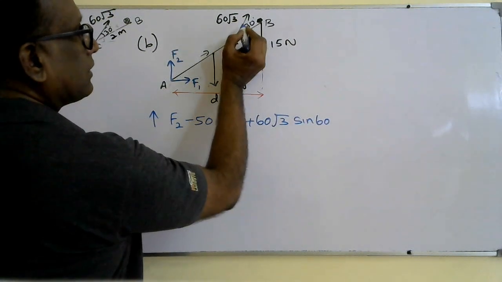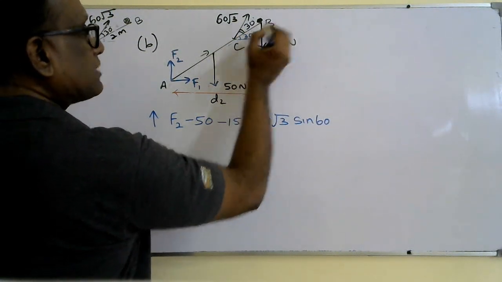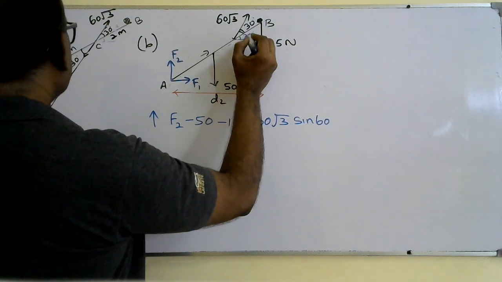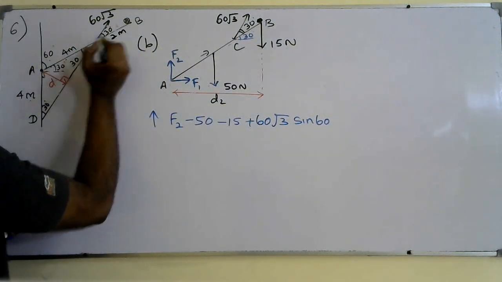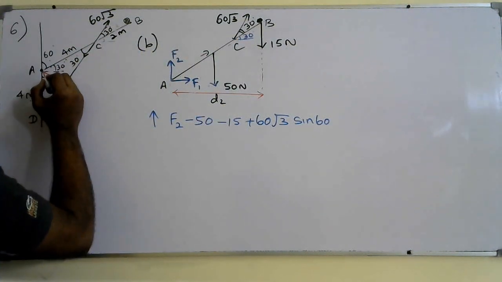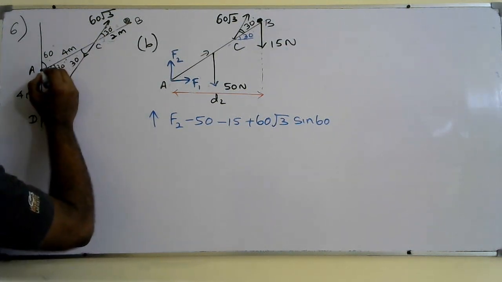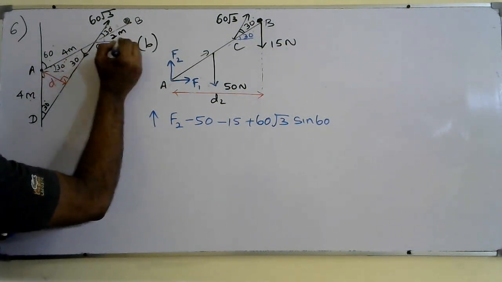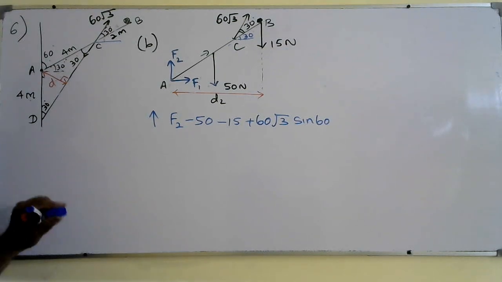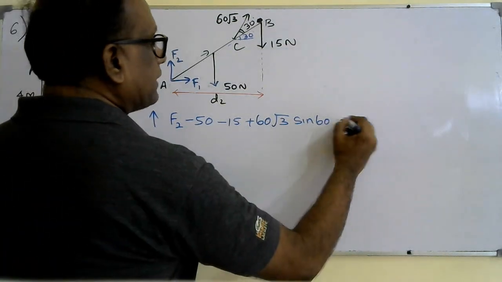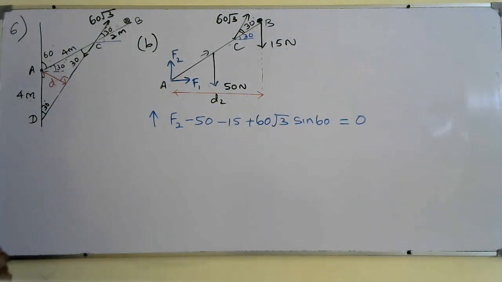Already they are giving 60 degrees with vertical, this is 30, so with the horizontal the force is at 60 degrees. So the sum must be equal to 0.